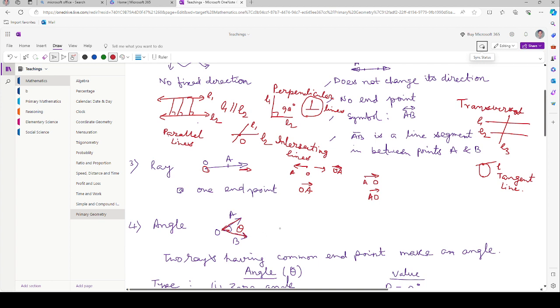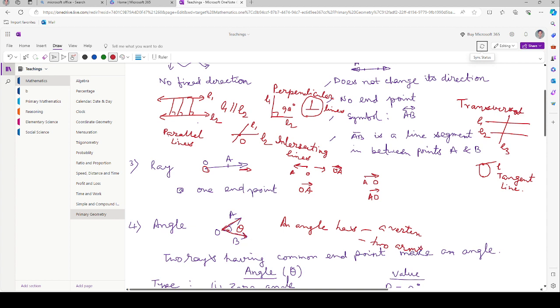So an angle has a vertex here, point O, and two arms.